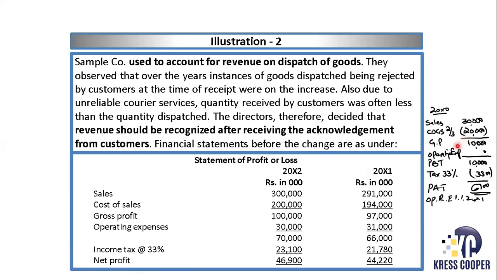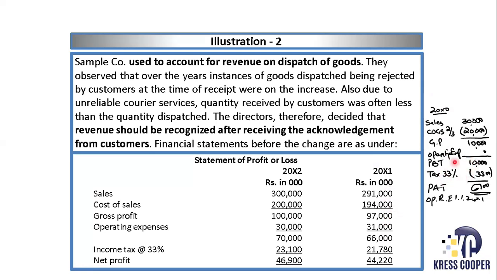The impact of gross profit of the previous year not presented will be reflected in the opening balance of the presented financial statement or the presented period, earliest presented period. Earliest presented period is 2000 X1 in this case.